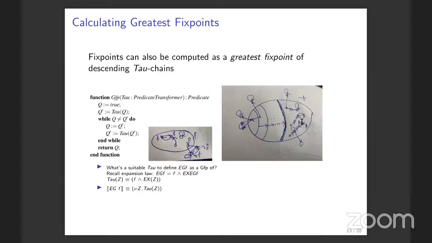Of course, that does not guarantee the shortest path, but that is a method. Now, to get a shortest path for EG F is not that easy.